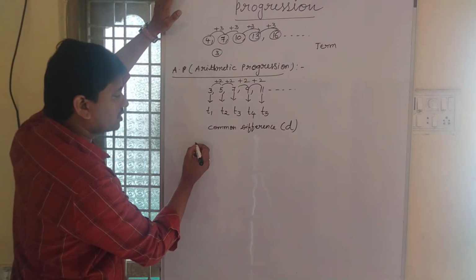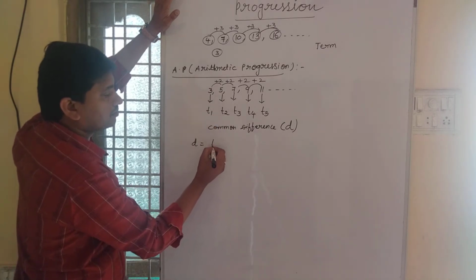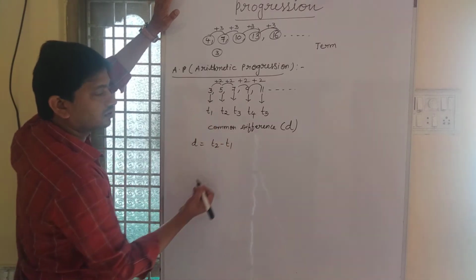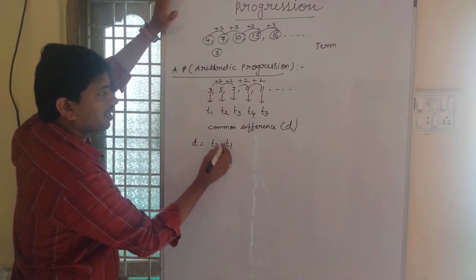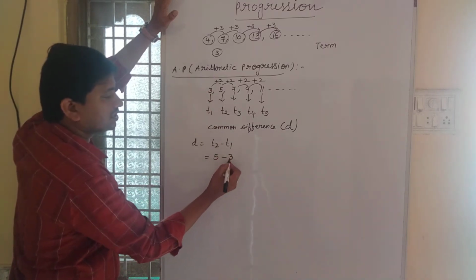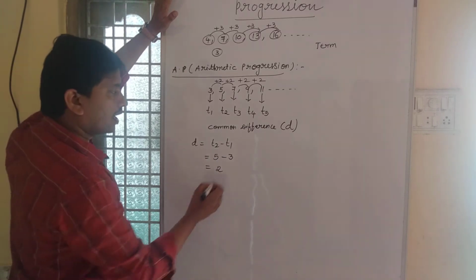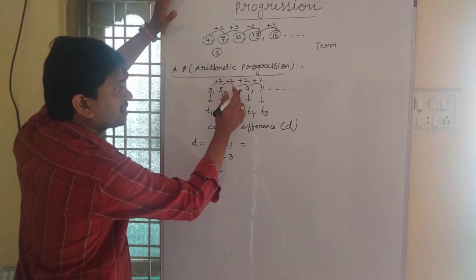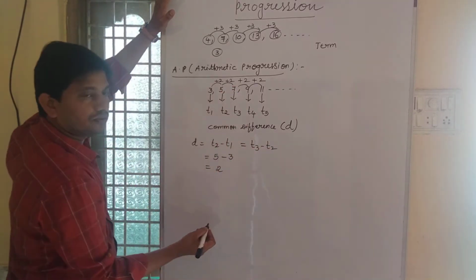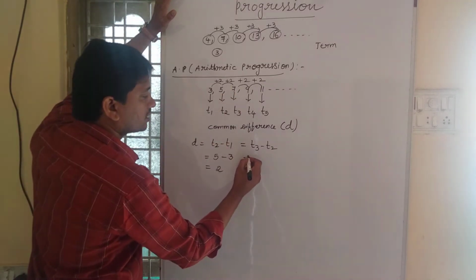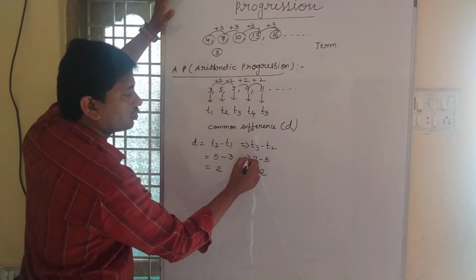So common difference D equals second term minus first term, I mean T2 minus T1. T2 in the sense second term 5 minus T1 in the sense first term 3, 5 minus 3, that is equal to 2. Or else we can also represent it as T3 minus T2, I mean 7 minus 5, which is equal to 2.